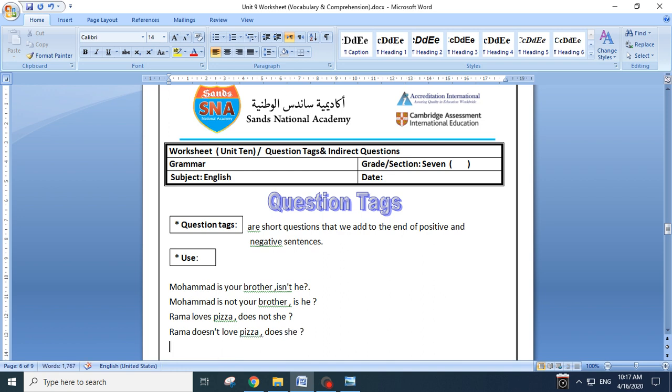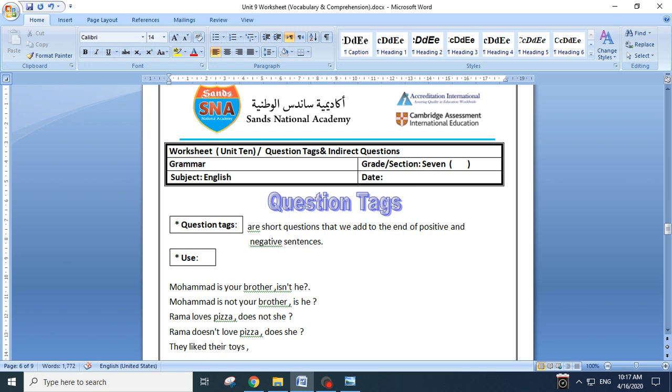Okay, another one. They liked their toys. So here, identify the tense. The tense here is past.